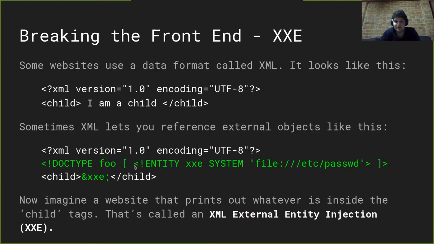In normal circumstances, you would just see the text, "I am a child." In this sort of malicious circumstance, you would be able to arbitrarily read files, which is very useful, especially in cases where it's the password for the computer.